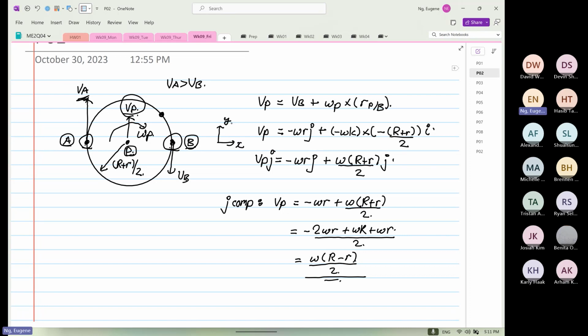This is X, this is Y, and this is rotation of Z. And you should always relate. So for this case, the origin point I decided is point B. If I were to write this formula, VB is equal to VP plus omega P cross R, and this will be B over P. So for this case, point B is a reference point.